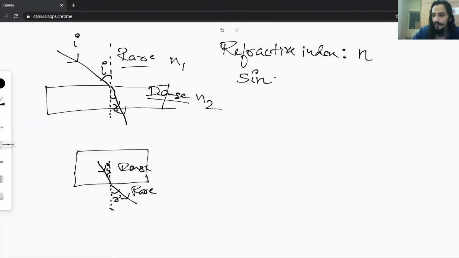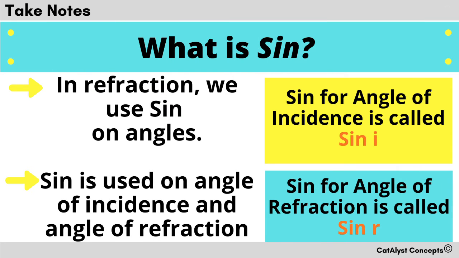Now, I can say that sine can be used on this angle of incidence. It can also be used on angle of refraction.